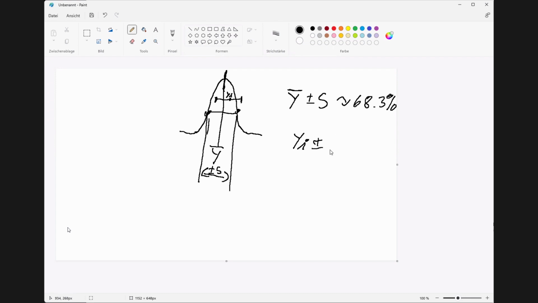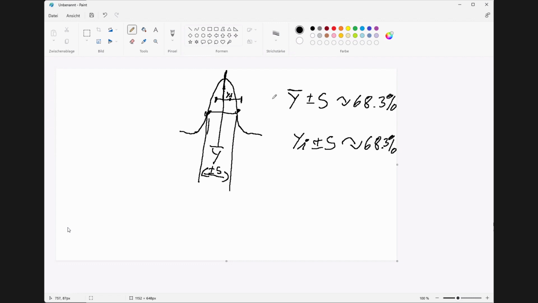plus minus S, plus minus S, then you can say the true value, the mean, is also with 68.3% possibility in this range.